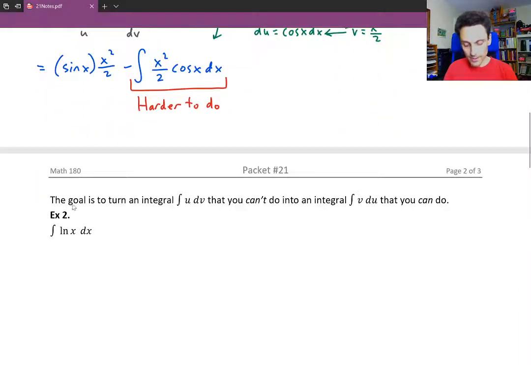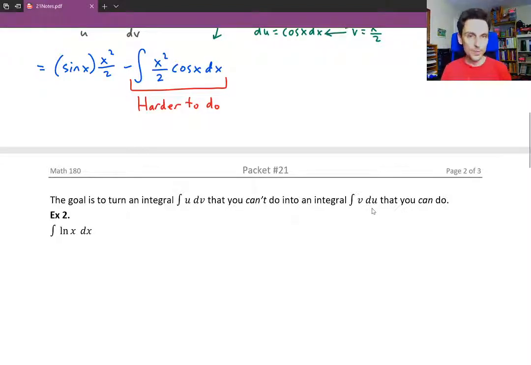So the goal here is to turn the integral of u dv into an integral of v du, that's the new integral you'll have, into one that you can do. So you're going to turn the integral of u dv into this integral of v du, and hopefully that's a simpler integral to handle.